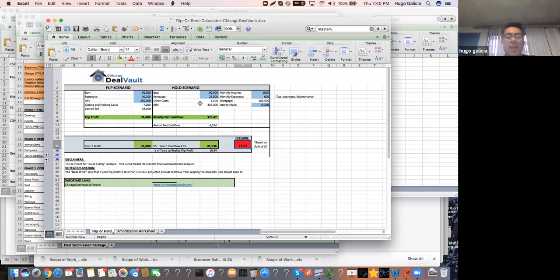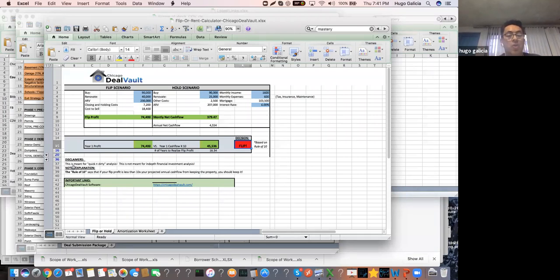We have a 10x rule of thumb. This works like a champ. So you shouldn't break your head over whether I should flip or hold. It's science; we have reverse engineered the numbers. We're going to tell you by the cent whether you should flip or rent the property.